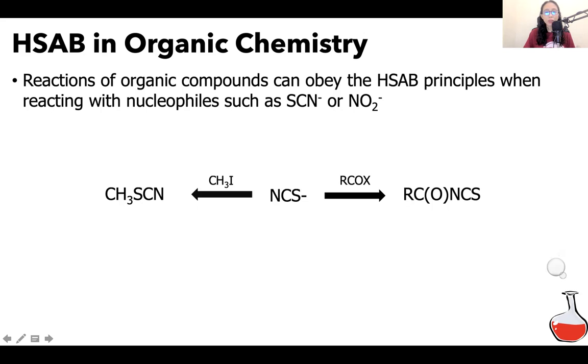This means that we can classify methyl in methyl iodide as class B. It's not a metal, but we can put it in class B, and acyl halide can be placed in class A. And this means that the nucleophile, thiocyanate, will react via the sulfur atom if it attacks the methyl in methyl iodide, but it will use the nitrogen atom if it reacts with an acyl halide.